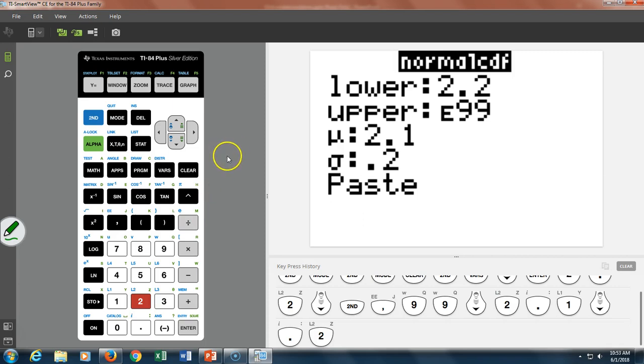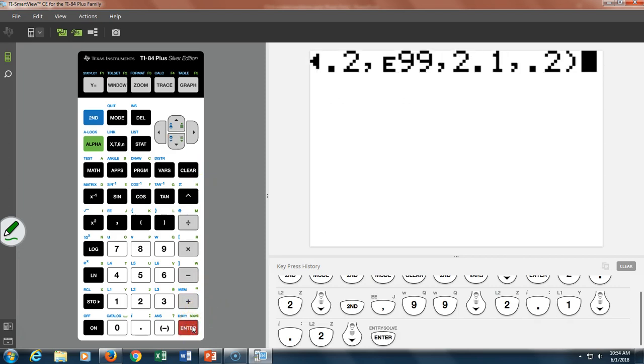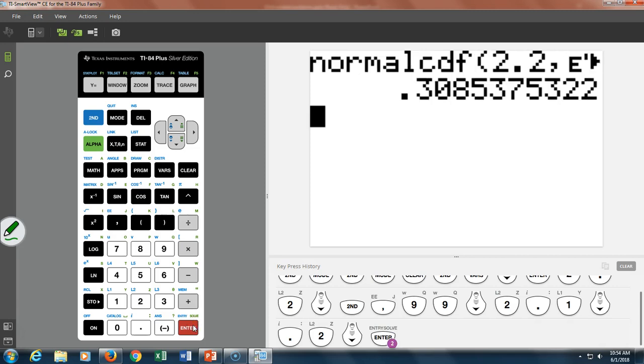Now, depending on the model calculator you have, you might be able to hit enter right now to get your answer. With this one I'm doing, you have an extra step. You have to paste. So I go down to highlight paste, I do enter. It pulls it up in my main calculator screen, and now I click enter to get the answer. So that might not be necessary for you to do that.